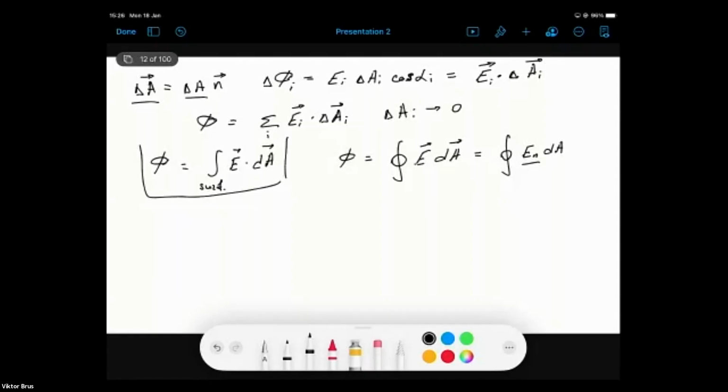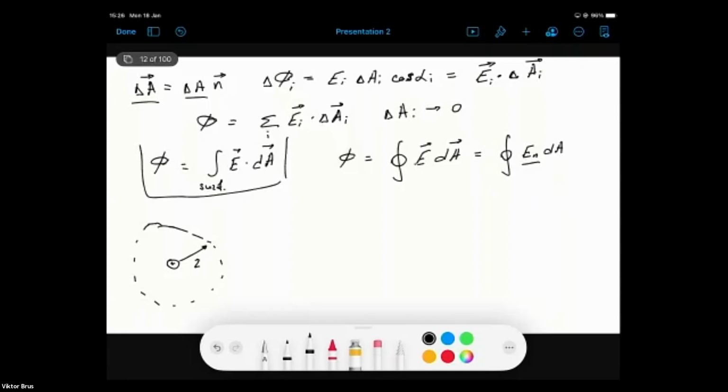So now let us consider some positive charge and some sphere, which we consider as our closed surface around this positive electric charge, and this sphere will have some radius r.